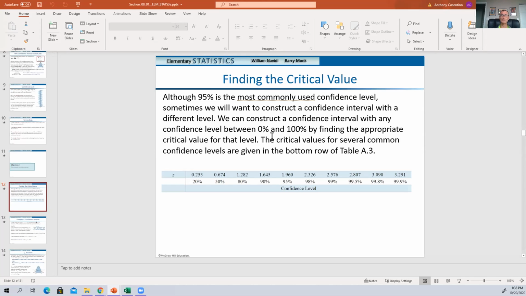Or you could use your calculator or your spreadsheet to get the z-scores given any one of these confidence levels. Here are the ones that we're going to be using, and this is on slide 12. This will be handy. You might want to jot that down on a piece of paper or have that slide handy for those calculations.